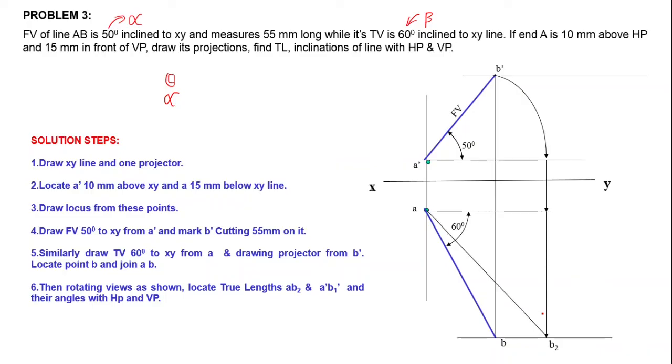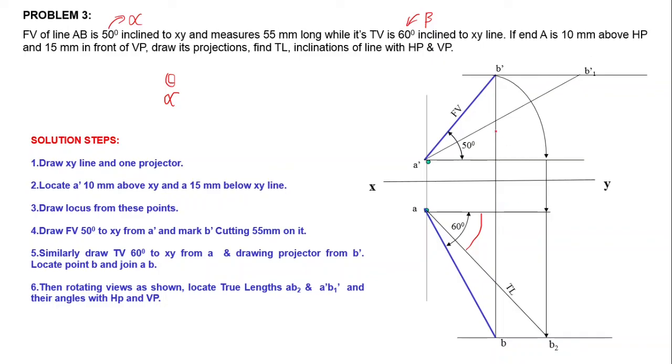Then AB2 will become true length, and the angle between true length in plan and XY line will become true inclination with VP, phi.